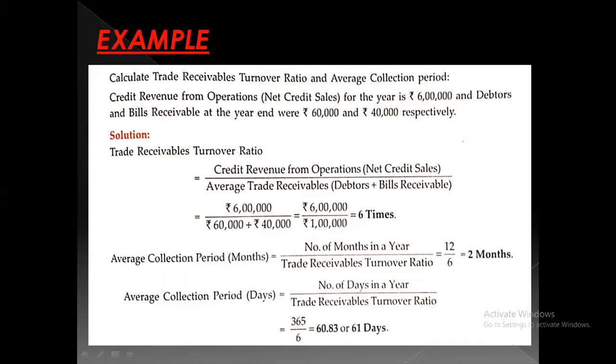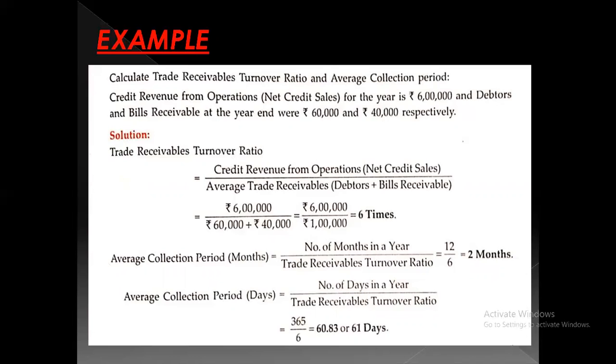Because here opening and closing debtors, and opening and closing trade receivable are not given, the debtor means the average debtor and bills receivable means the average bills receivable. We'll simply add these two items to get the average trade receivable, and credit revenue is 6 lakh. So 6 lakh divided by 1 lakh will become 6 times.